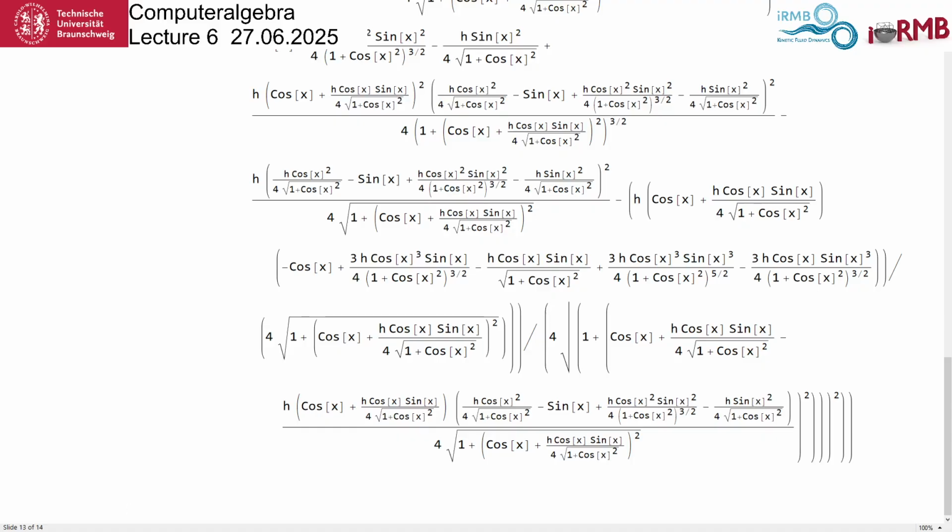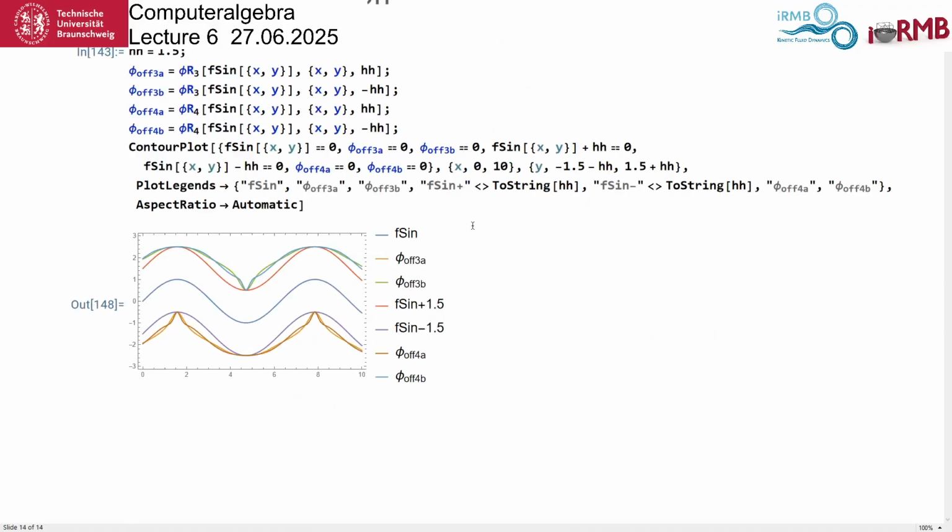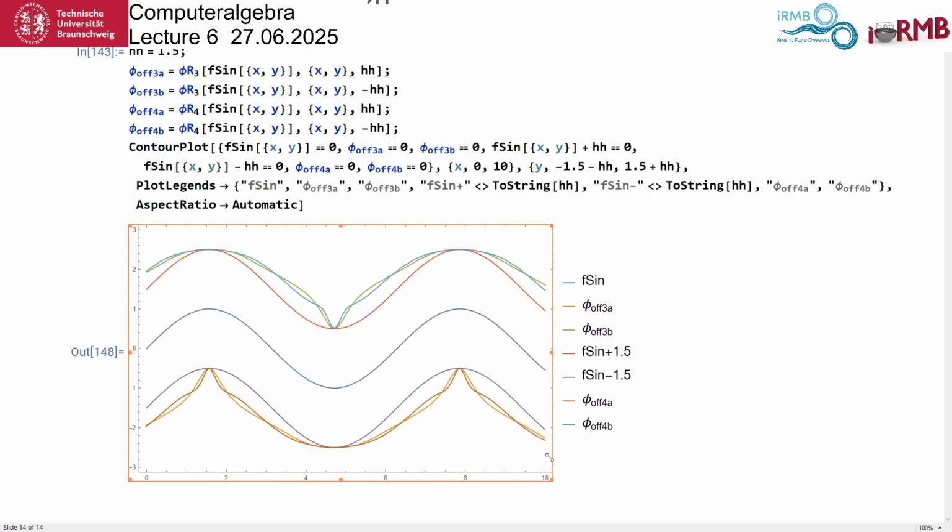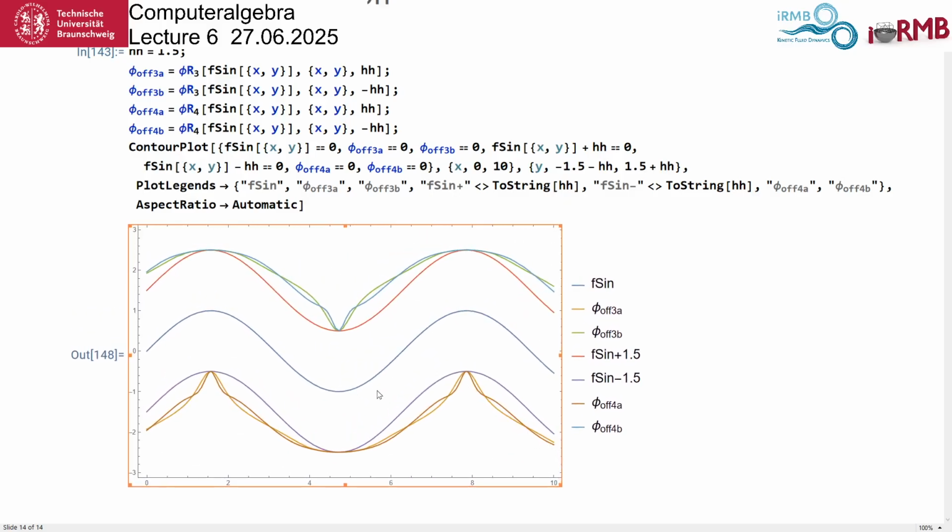Just go to the last slide of today and see how our higher order methods perform. Okay, we have got third order, I believe, and fourth order here. Kind of darkish orange.